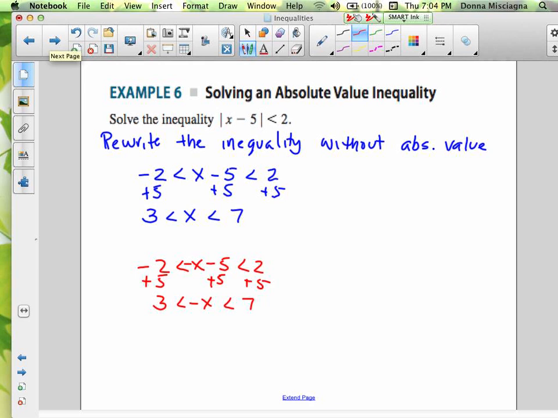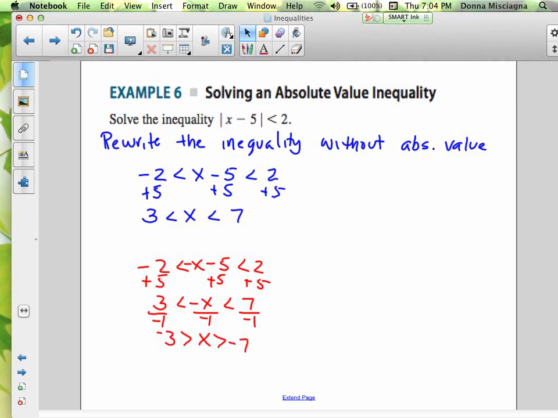But now we have a negative on our x value there, and we know when we multiply or divide an inequality by a negative, we need to change the direction of the sign. So if this had a negative on that x instead, we would have negative 3 is greater than or equal to x is greater than or equal to negative 7. And that makes sense, right? It wouldn't make sense the other way around, because negative 7 is smaller than negative 3, not larger.